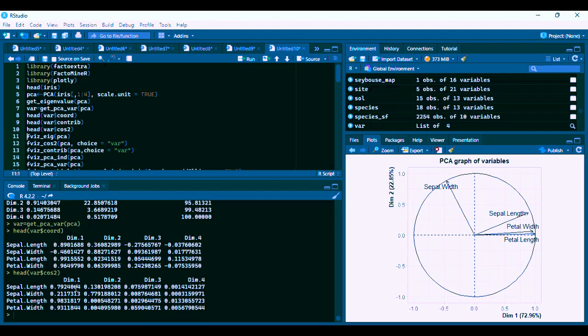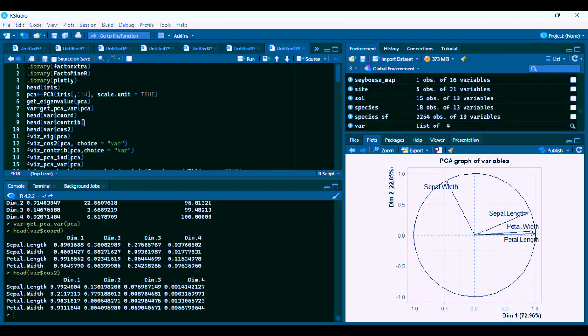When we have a high cosine squared, like for example petal length and petal width, and a little bit sepal length, we can conclude that the variable is well represented by that axis, the first dimension. And a low cosine squared, like sepal width, means the variable should not be interpreted strongly on that dimension.